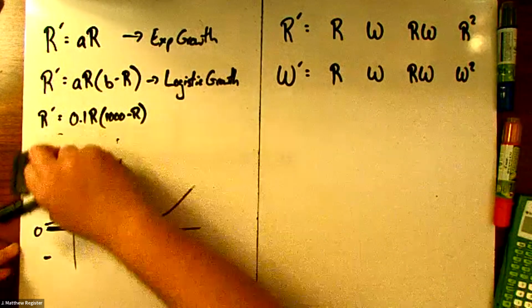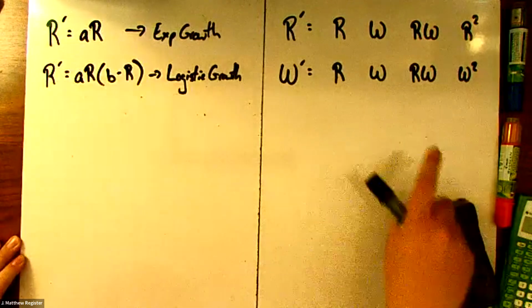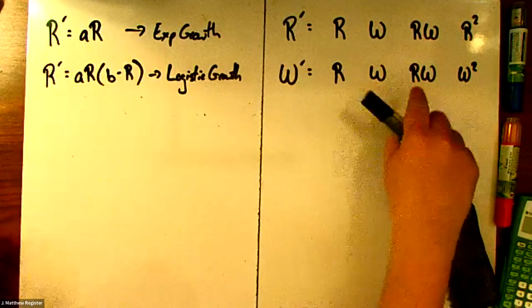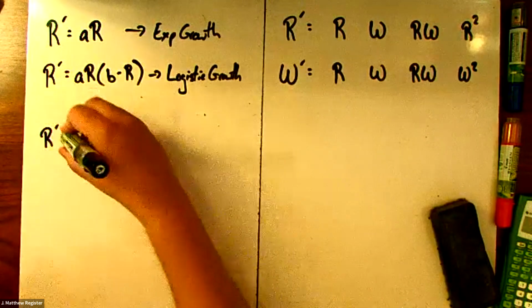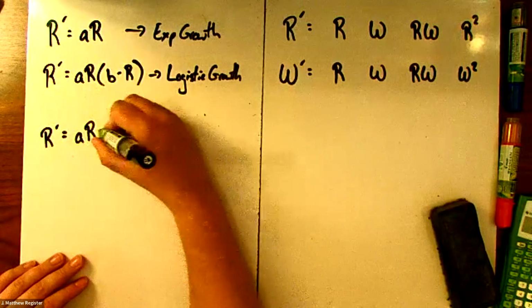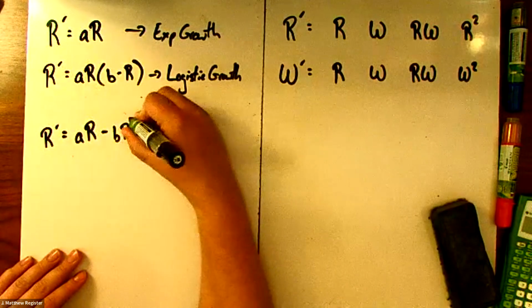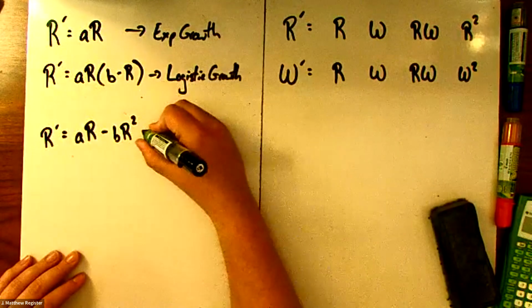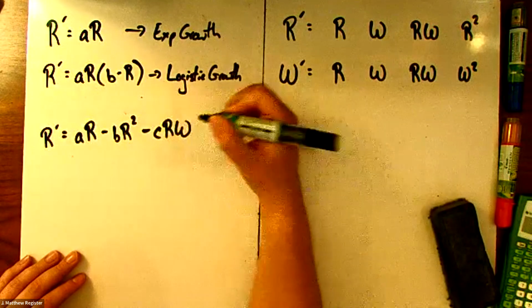The other type of term that we will see is terms which involve both variables. Let's say that we have R prime equals AR minus BR squared, and then let's throw in a minus CRW.